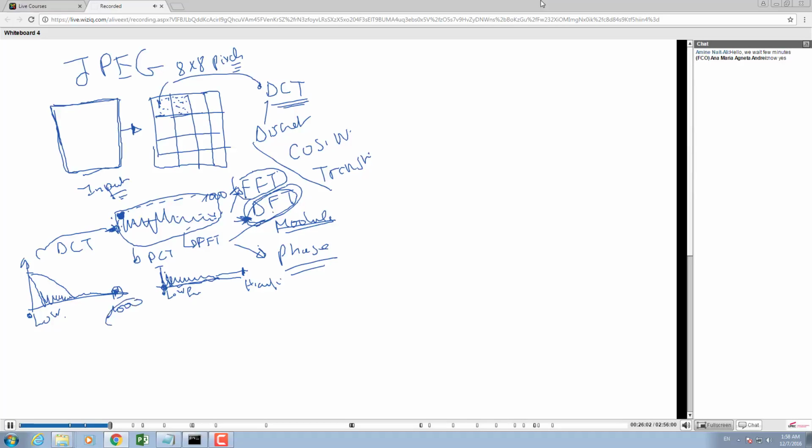So here we start from 0 until 1,000. Why? Because at the beginning I'm working with 1,000 samples, so when you transform, you will obtain also 1,000 samples. But you will notice that the first samples have high energy, and the more you shift to the right, to the high frequencies, the samples have very low energy.